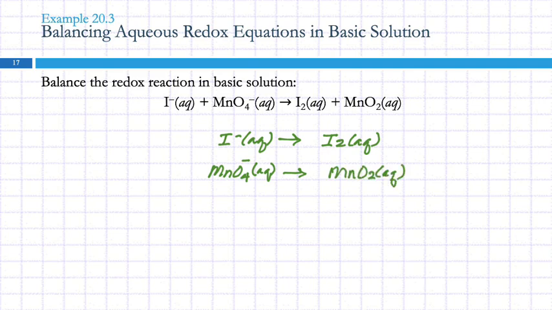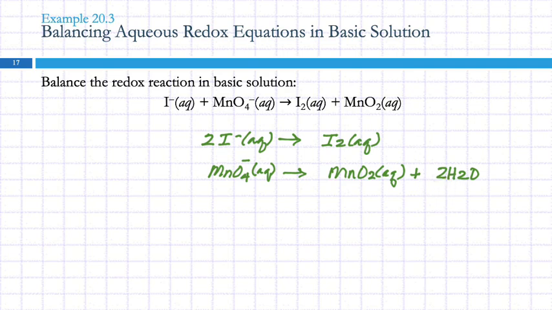Balancing with respect to mass, I have 2 iodines and 1 iodine, so I need a 2 here. 1 manganese, 2 oxygens, 4 oxygens. So I balance that by adding 2 water molecules. So I have 4 oxygens, but now I introduced hydrogen.